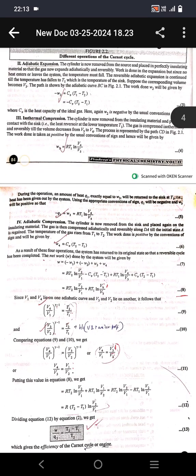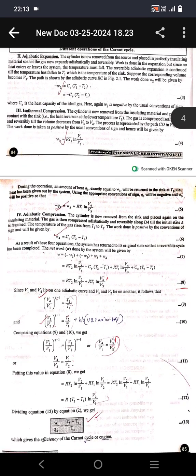During the operation, the amount of heat Q1 is returned to the sink T1, that is, heat has been given out by the system. Using the appropriate convention of sign, Q1 will be negative and W3 will be positive.